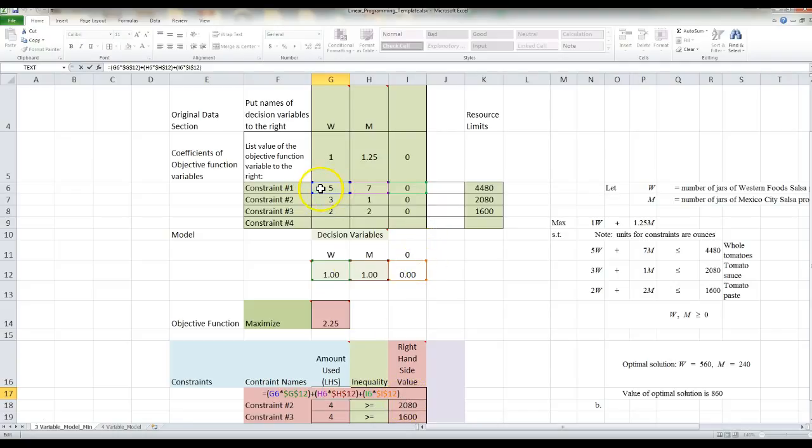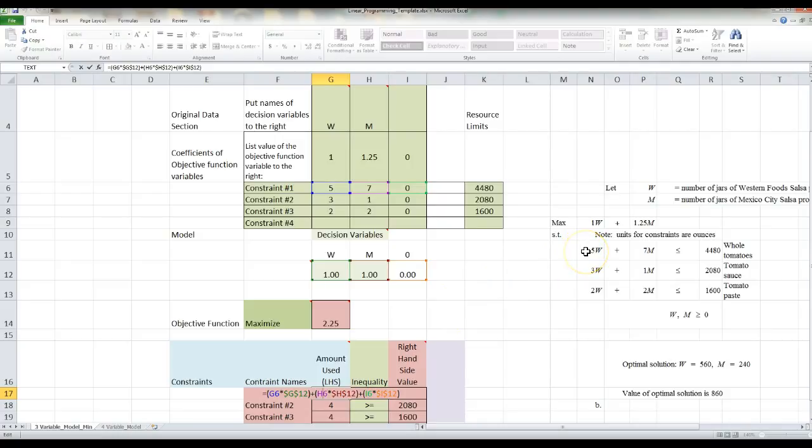So it's going to take the value in G6, multiply it by the value in G12, and then add to that the product of H6 times H12. And again, because I have this set up for 3 variables, it's going to take what's in I6 and multiply it by the value in I12. But again, since this is 0, that term will go away in this particular problem.